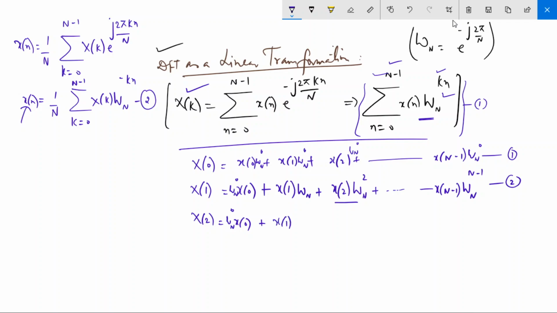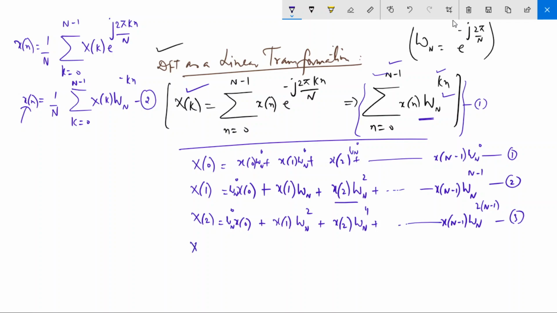Plus x[1], you will get W_N to the power 2 here, because k is 2 and n is 1. For the next, k is 2 and n is 2, you will get W_N to the power 4, and so on. And for the last term you will get x[N minus 1] W_N to the power 2 times N minus 1.